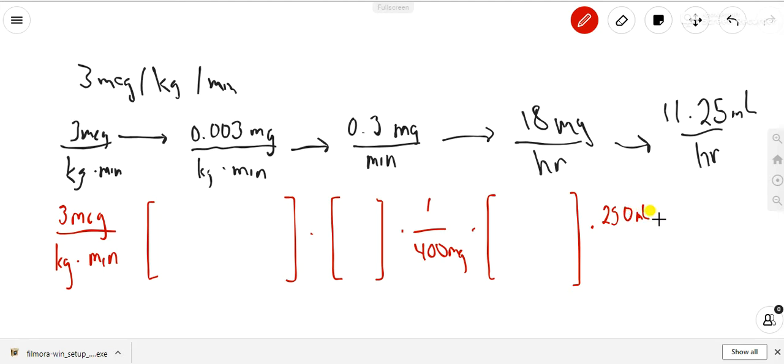Now I need to also multiply it by a weight, because that is an amount of medicine per unit of weight. So if I multiply by all the weight, I get the total medicine. And so that's why I'm going to put this here.